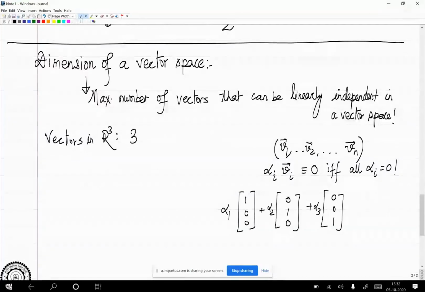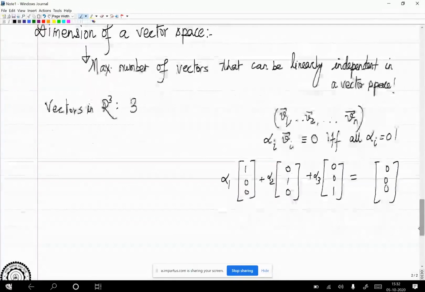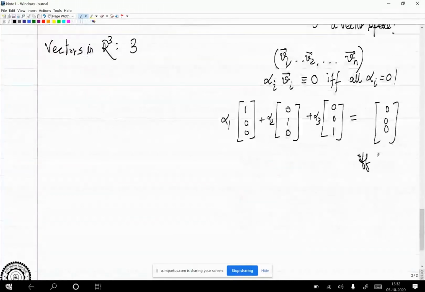For any combination of alpha 1, alpha 2, alpha 3, can you make it equal to 0? No, sir, unless they are all 0, right? So this is equal to 0 if and only if alpha 1 equals alpha 2 equals alpha 3 equals 0. So these three vectors are linearly independent.